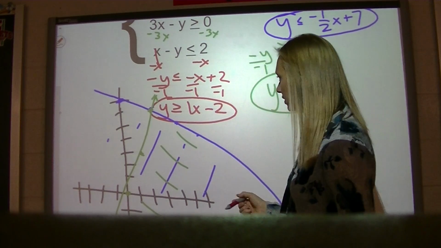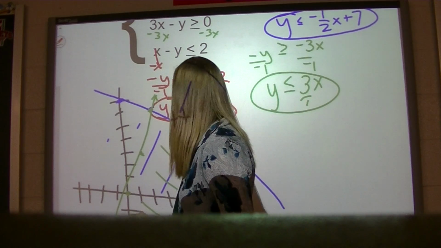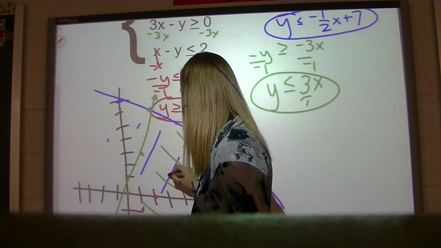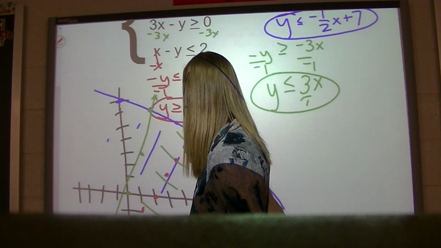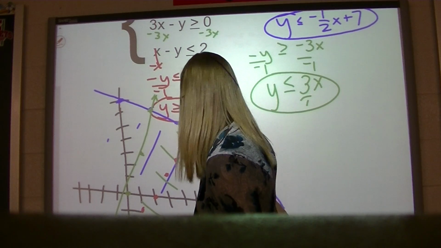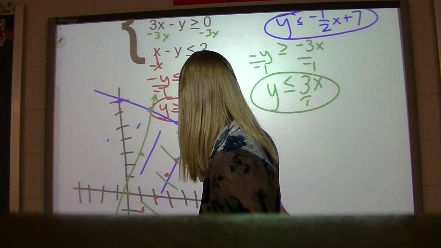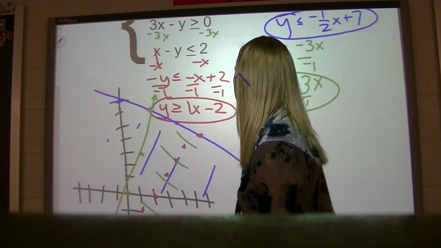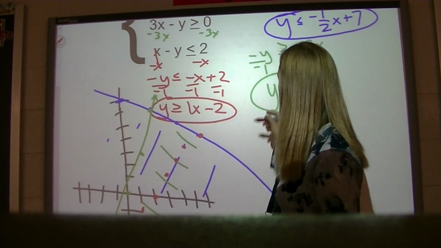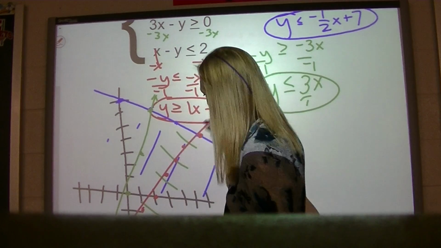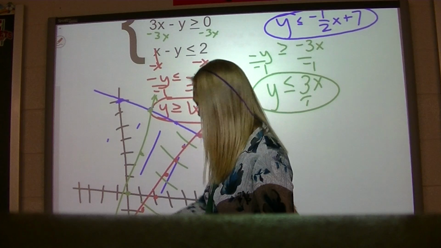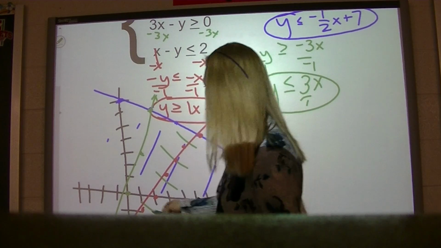And then y is greater than or equal to negative 2, up 1 over 1, up 1 over 1. Okay, and then it's greater than this line, so it would be shaded above.